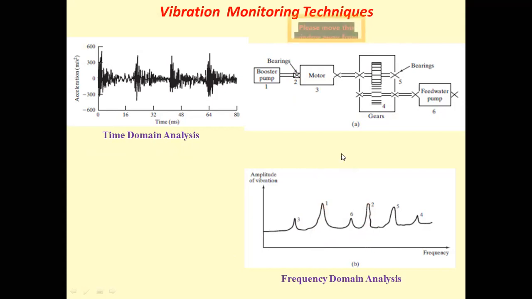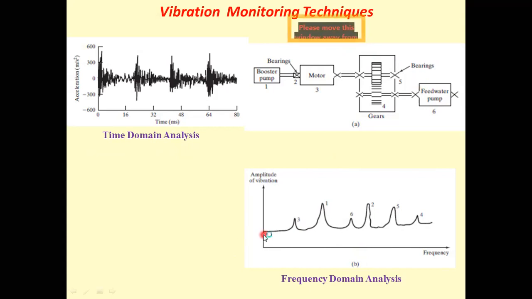The third component is your motor, having a frequency of say 10 hertz. Then the fourth and fifth are both gears, one is pinion and the other is gear. Fourth has a frequency of 60 hertz, fifth has a frequency of 50 hertz, and the last component, the feed water pump, has a frequency of 30 hertz. So this is the frequency spectrum when the machine is in good condition.